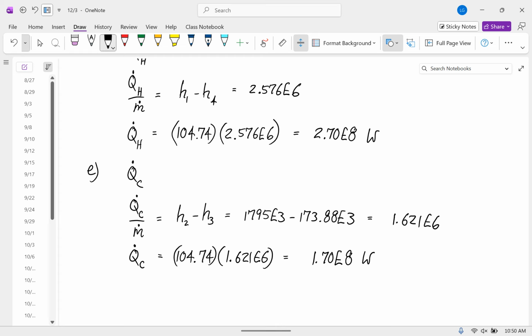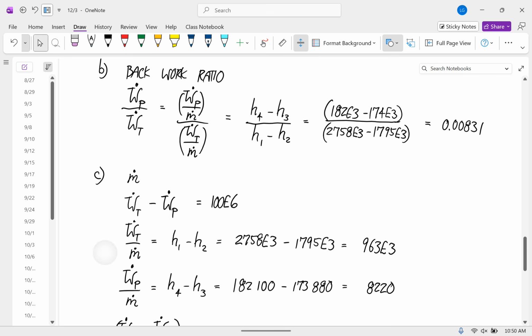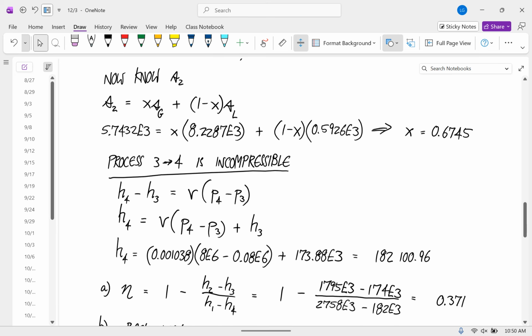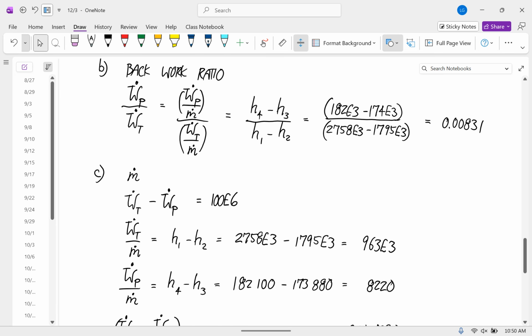Okay. This is a pretty standard way that these problems go. The one difference could be that instead of giving you the stuff that you need to use the incompressible assumption from state 3 to state 4, they give you the stuff directly that you need just to use the website to find H3 and H4. But other than that, this thought process always goes the same.